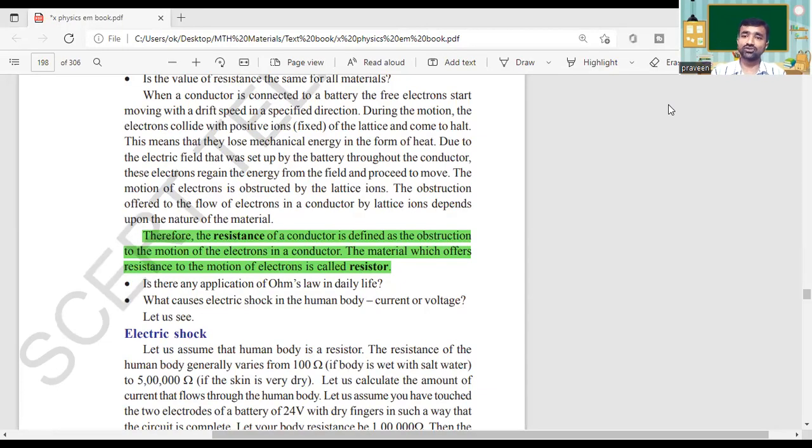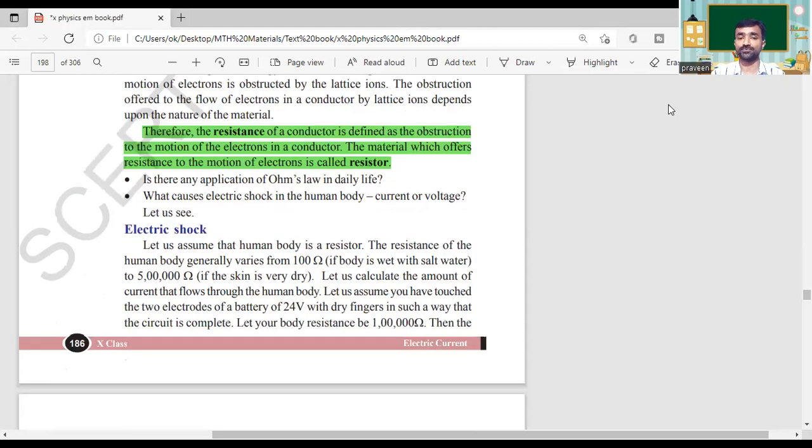That is called electric shock. If a certain amount of charge is allowed through your body, you feel a sudden vibration, a sudden shake, due to the motion of charges through your body. That we call electric shock.